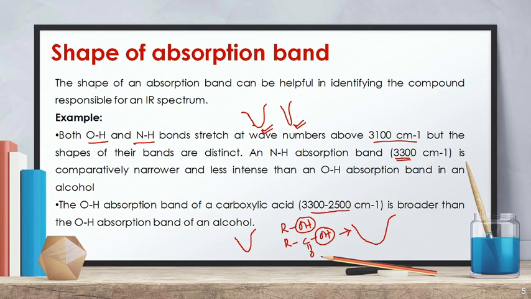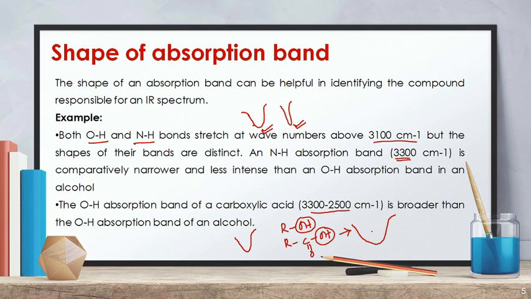But here for the case of carboxylic acids, due to the presence of hydrogen bonding, OH will give a broader peak. So here you are having a narrow peak, a broad peak, and a broader peak. So the narrow peak is responsible for NH, the broad peak is responsible for OH, and the broader peak is responsible for OH only, but the compound is different, that is carboxylic acid.